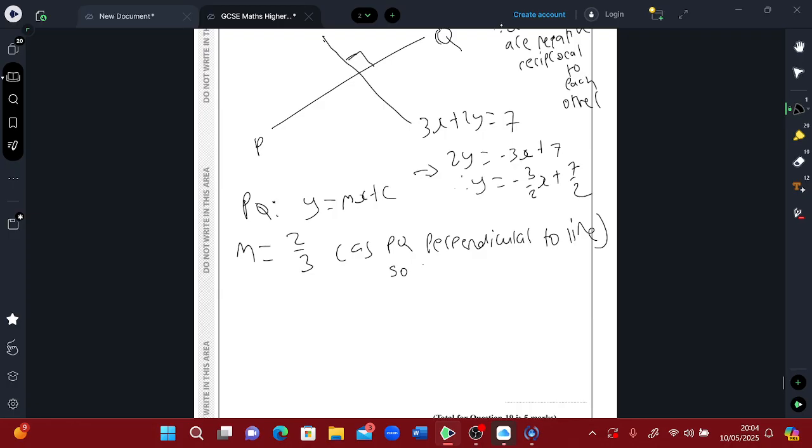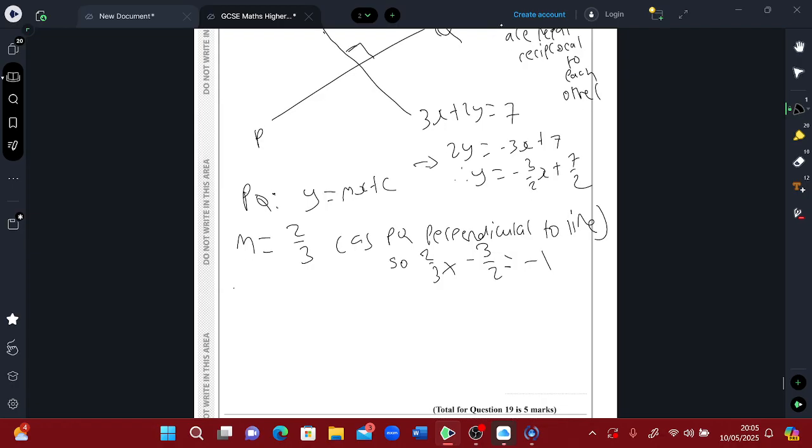So obviously 2/3 times minus 3 over 2 equals minus 1. That's what you want. So it's a negative reciprocal. If you multiply the two gradients together, you always get minus 1. And that's how you can check you've done it right. Yes, so that's m. So y is 2/3 x plus c.